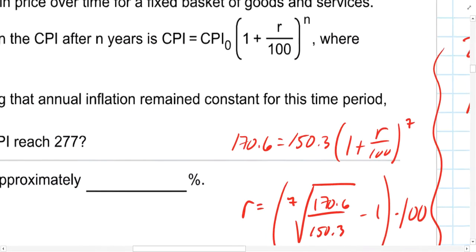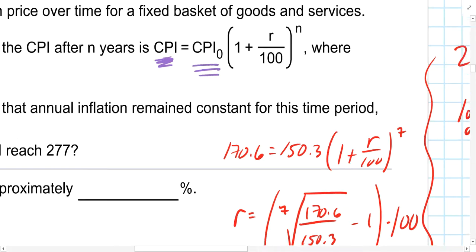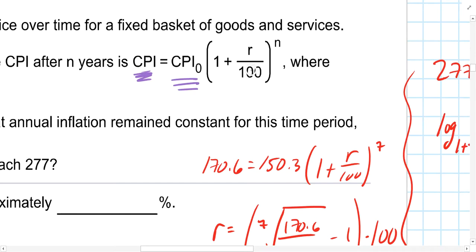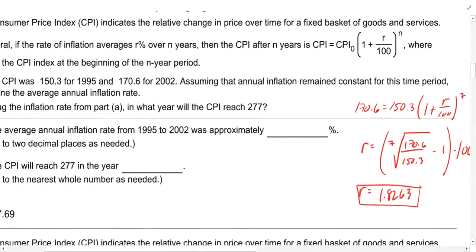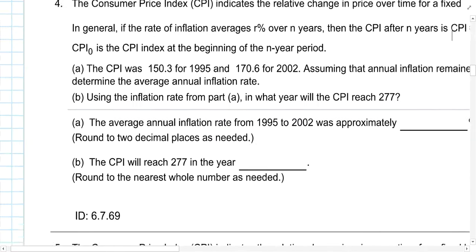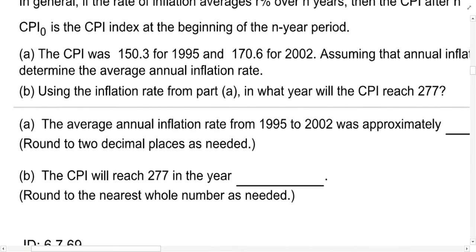So this formula here, the Consumer Price Index for today, is equal to the initial Consumer Price Index, CPI naught, times 1 plus the rate over 100 raised to the power of n. N does represent time, and it is time measured in years.